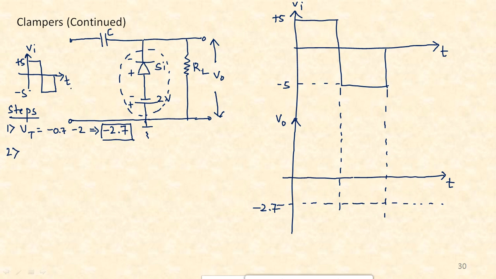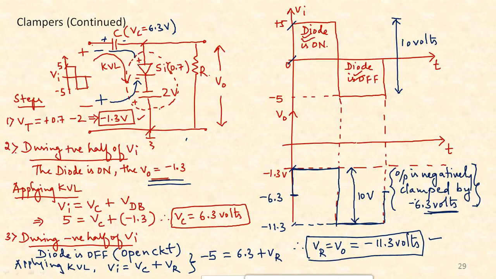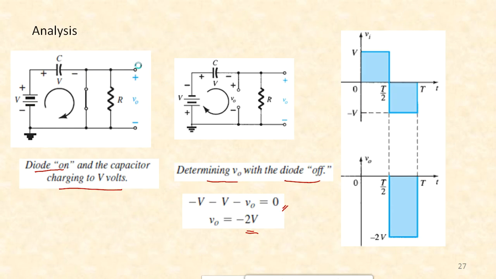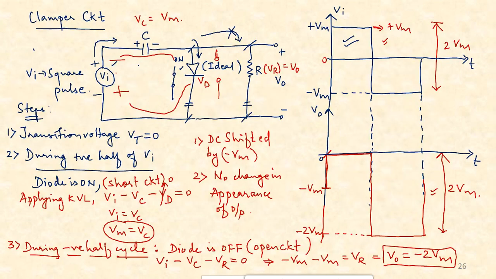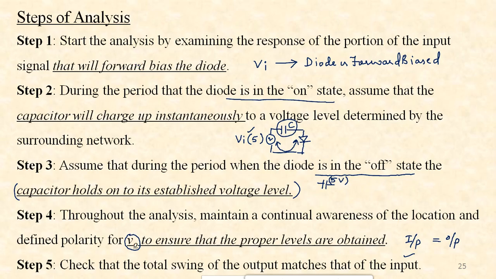Now coming to the second point, during the positive half cycle of the input, what is the status of the diode? Is it on or off? Off, sir. Off, students. Yes, it is off. So whenever the diode is off, you are not supposed to start your clamper analysis in that portion of the cycle. What does that mean? Let me go back to the definition of the clamper and check the steps mentioned.